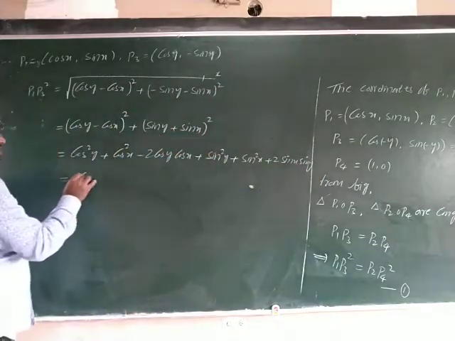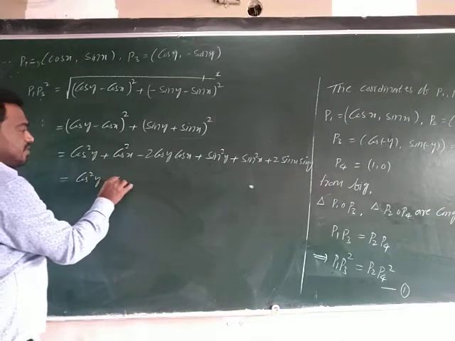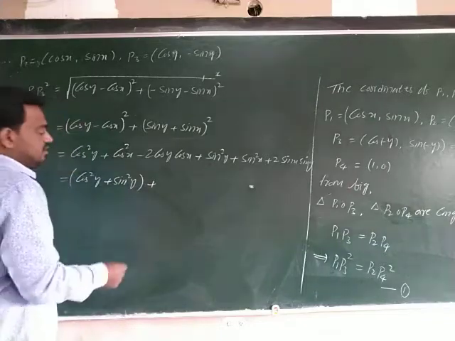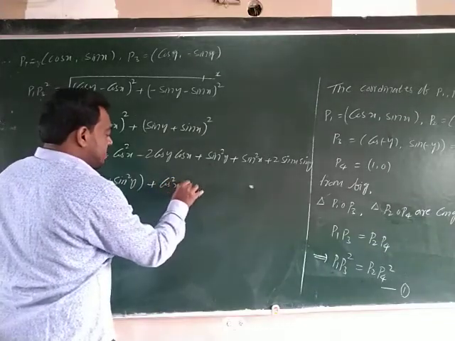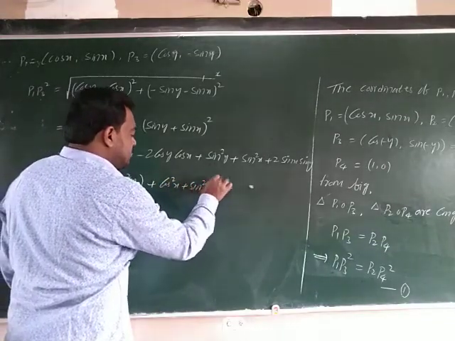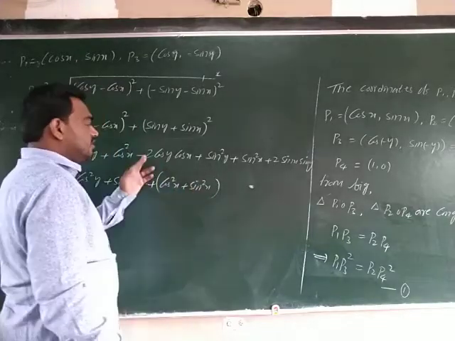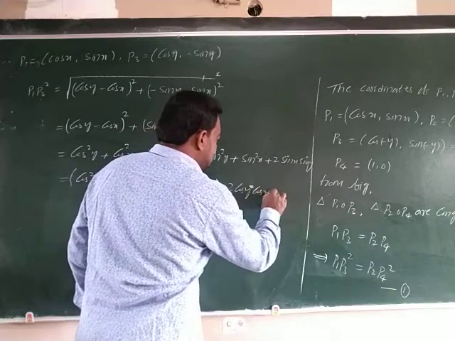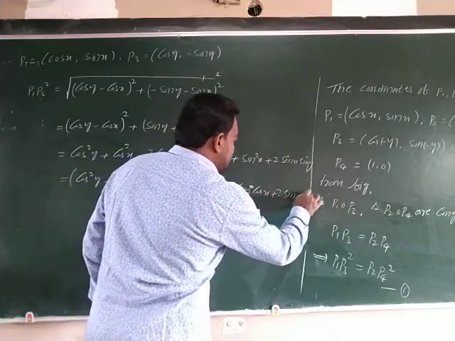Now cos square y plus sin square y I am writing together, plus cos square x plus sin square x I have written here. Next, minus 2 cos y cos x plus 2 sin x sin y.